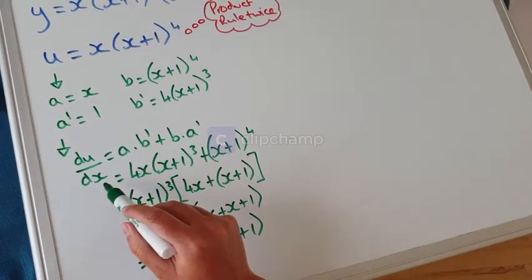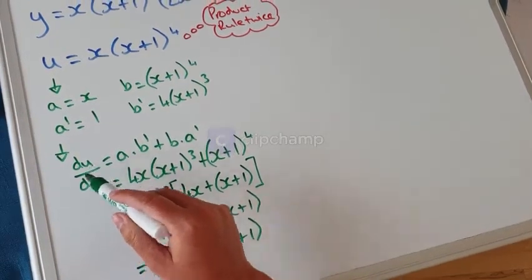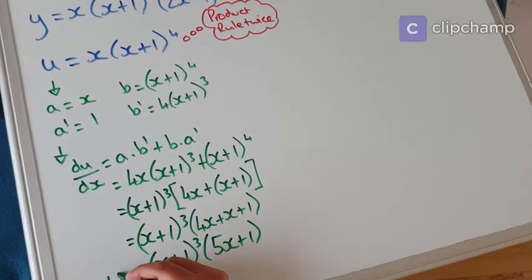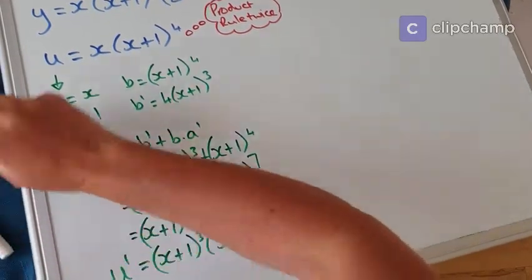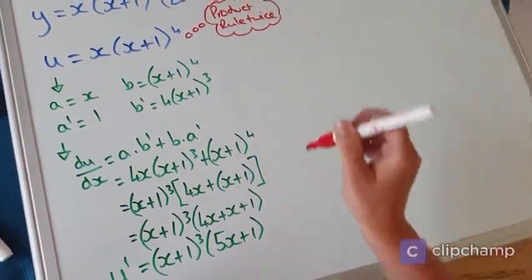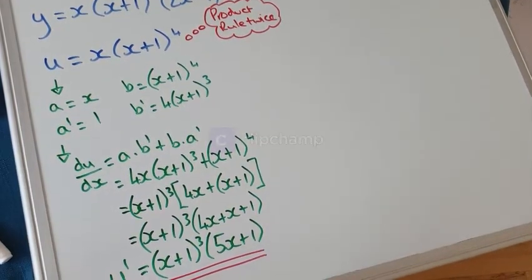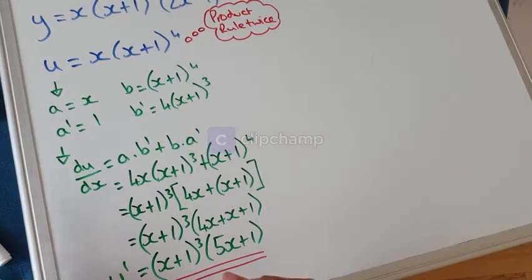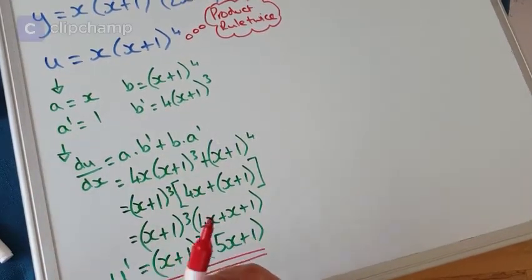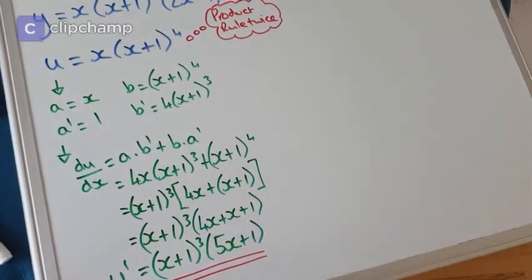And that was du by dx, which is the derivative of u. So essentially that is our u dash that we're looking for. That's going to come in very important as we move on.